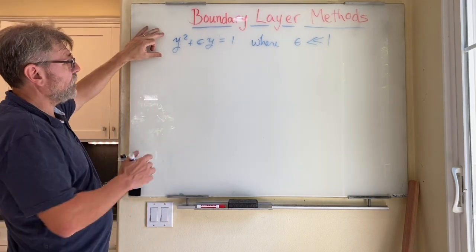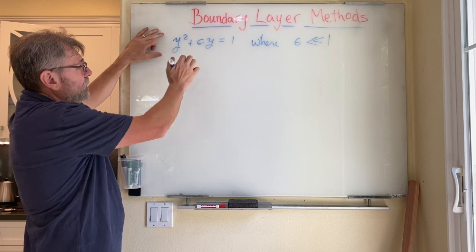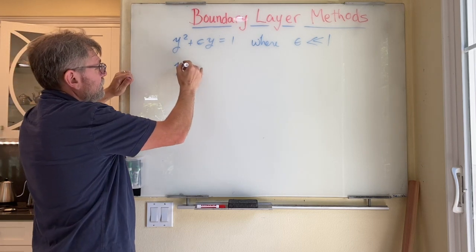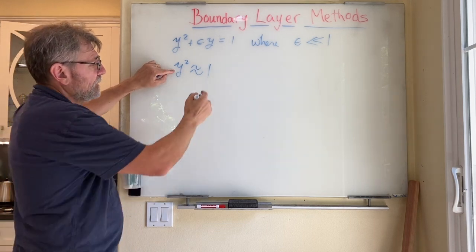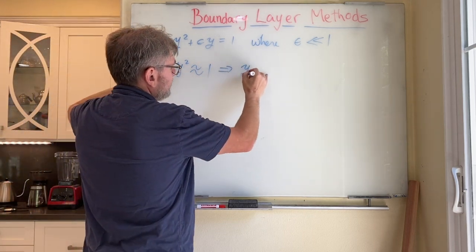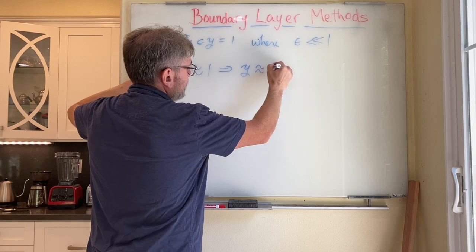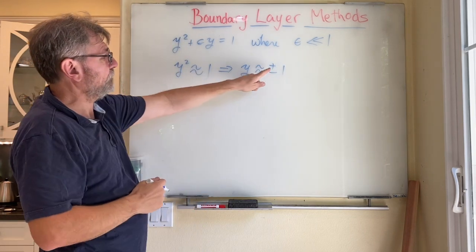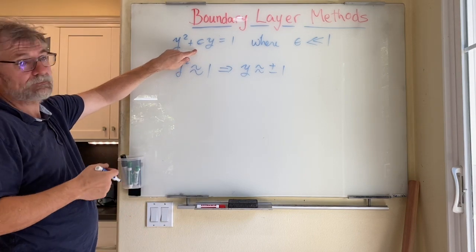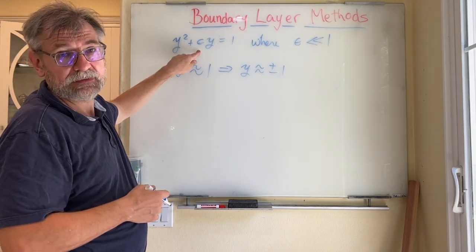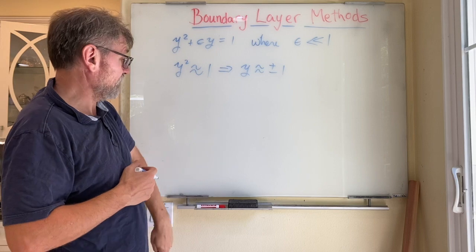When we stare at this for a while, we might imagine, well, if epsilon is small, then y squared should be close to 1, and that means that the true roots are going to be y equals plus or minus 1, right? There's going to be a root at plus 1, a root at minus 1, roughly. And then there's going to be some corrections that we need to think about because they're not exactly plus or minus 1.